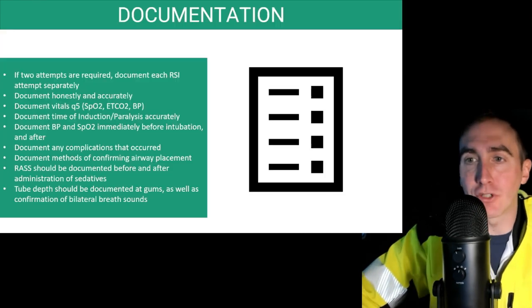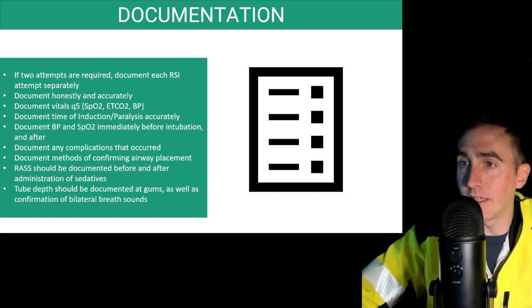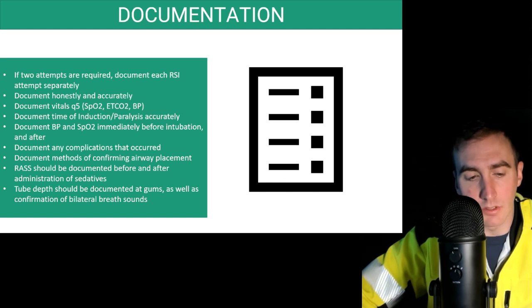Lastly, let's talk about documentation. If 2 attempts are required, document each RSI attempt separately so that we can have accurate documentation on how often we're having to perform it twice. And just go ahead and document your intubation attempts separately.